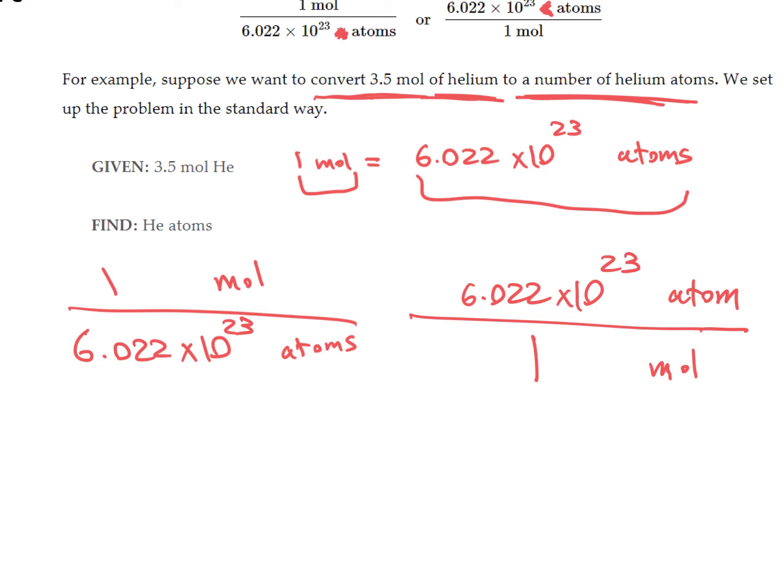All noble gases are atomic elements. That's why we only have He. We don't write He2, or HeCl, or HeCl2. We don't have that. It's just an atomic element. So we are given 3.5 moles of helium, and we want to find the number of atoms.